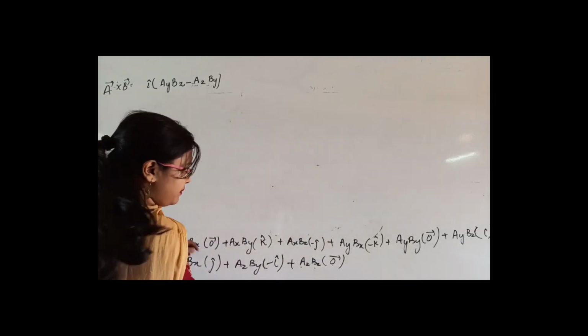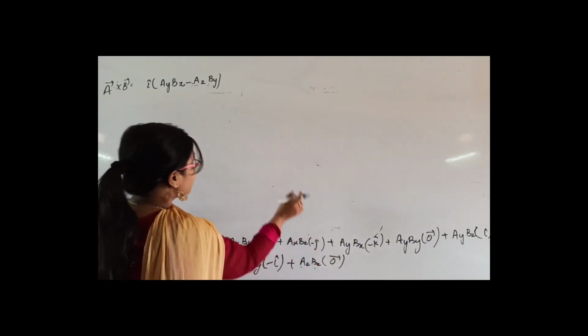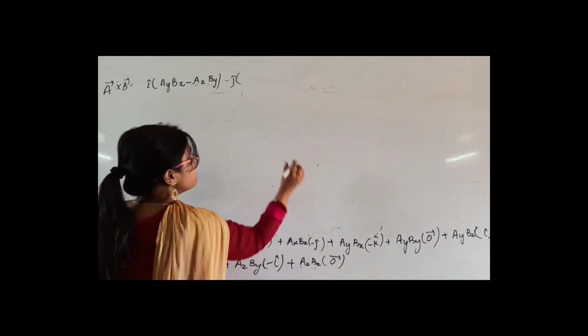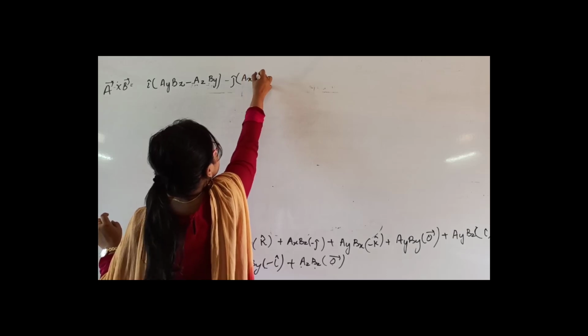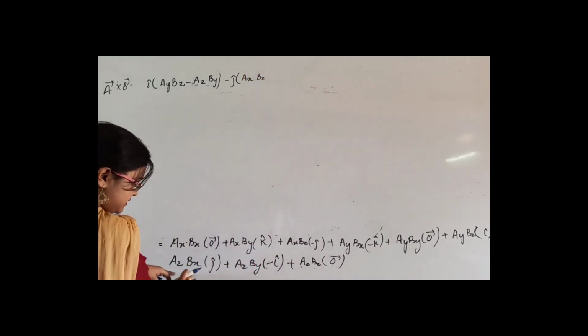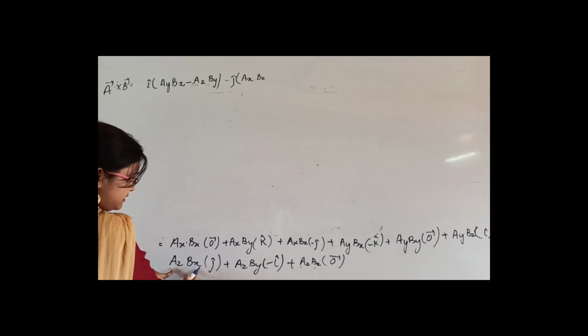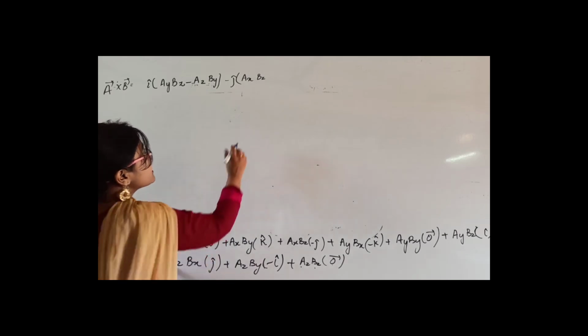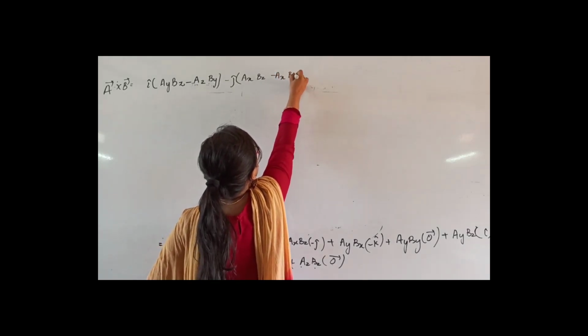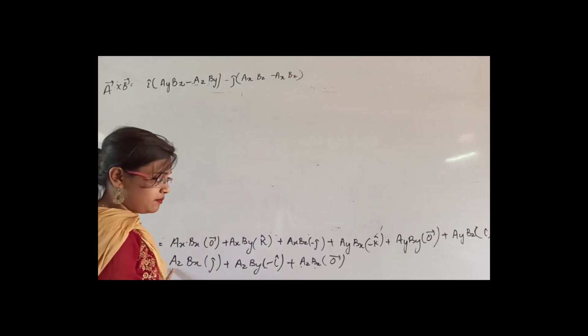Now, we will go for j cap. This is minus j cap. Okay, no problem. We will take minus j cap, ax bz minus az bx. The j cap term is completed.